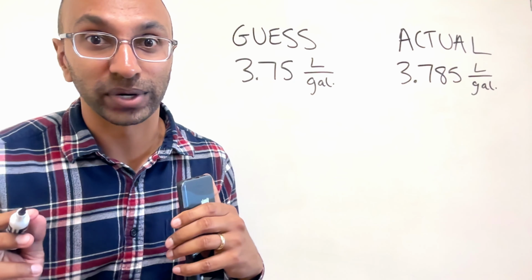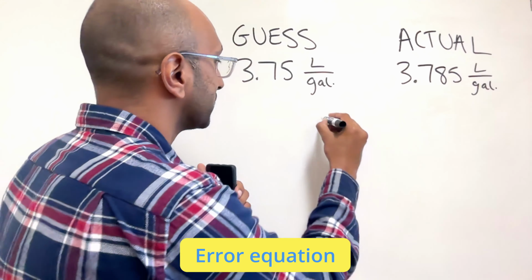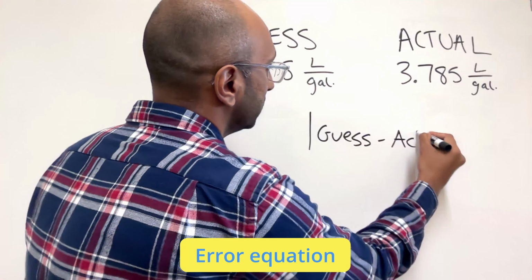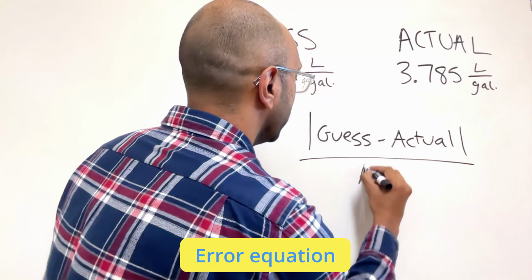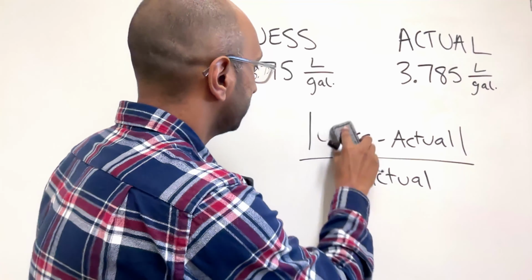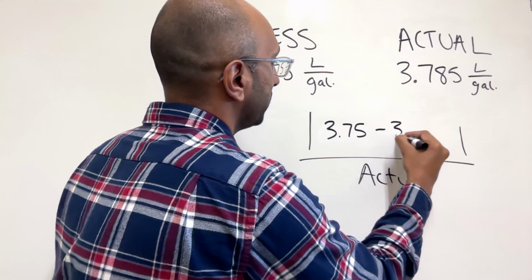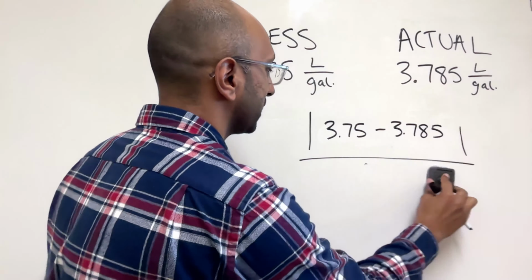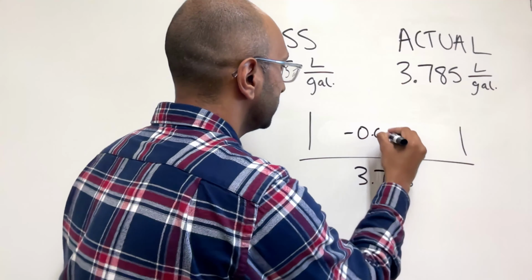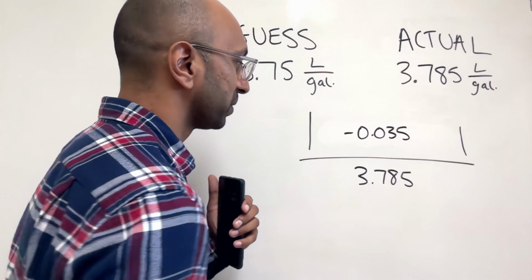How far off were we? The formula for calculating errors is the absolute value of your guess minus the actual answer divided by the actual answer. You can use your own guess, but for mine, we get 3.75 minus 3.785 divided by 3.785. This becomes minus 0.035 divided by 3.785.